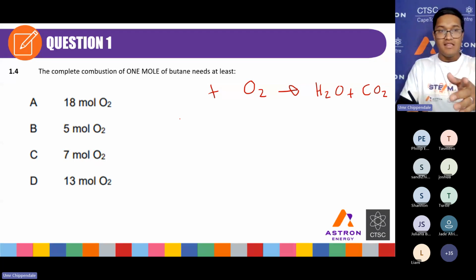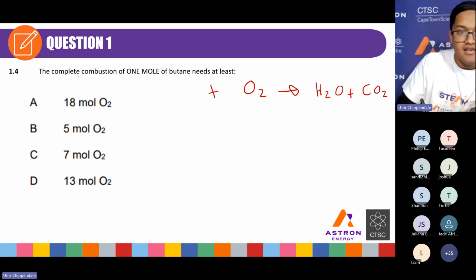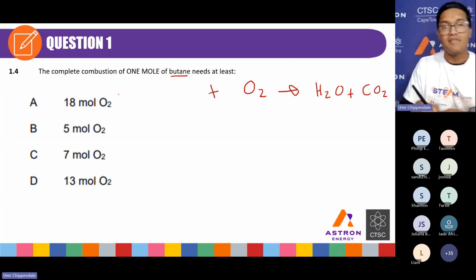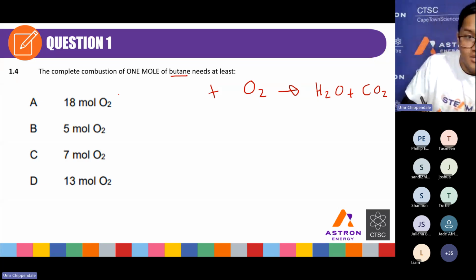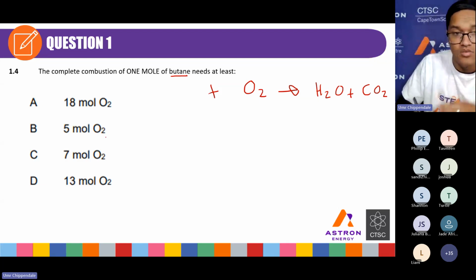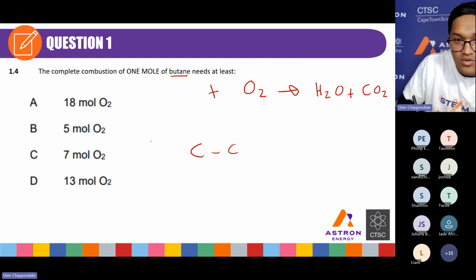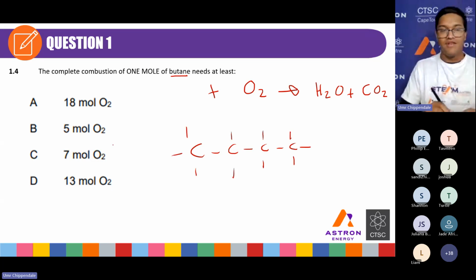So in this case, they told us it's butane. So we know butane means there are 4 carbons: meth, eth, prop, but. So just to make sure that everyone follows along, 1, 2, 3, and 4, then there are different hydrogens, so that will be 1, 2, 3, 4, 5, 6, 7, 8, 9, and 10 hydrogens.